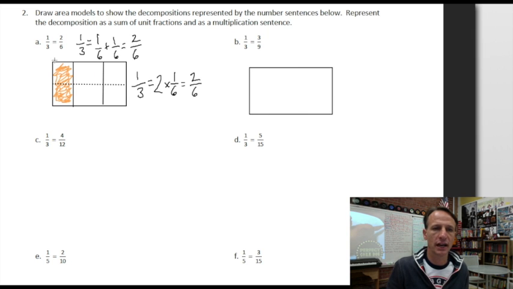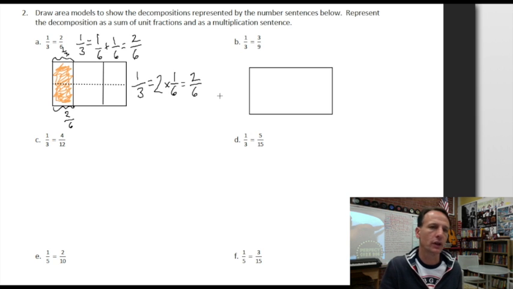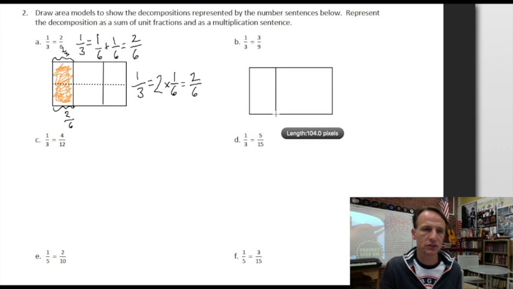Sorry, I should have, to make it perfect here, I should designate that this is 1/3, and underneath they like to do it this way to show that it's also 2/6. So just let me have it perfectly correct there. All right, so anyway, back to B. I'm going to partition this rectangle into thirds.